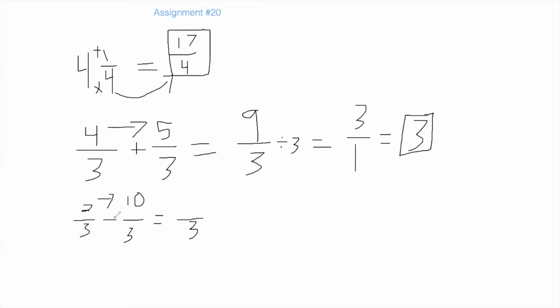And then the top number is going to be 2 minus 10. So whenever it's 2 minus 10, remember, this is a positive and this is a negative. So which number is larger? The larger one is the negative 10. So the answer I already know is going to be a negative. And so 2 of these positive numbers are going to cancel out 2 of these negative numbers. And so it's going to be a negative 8. So negative 8 over 3. So that would be your answer for this.